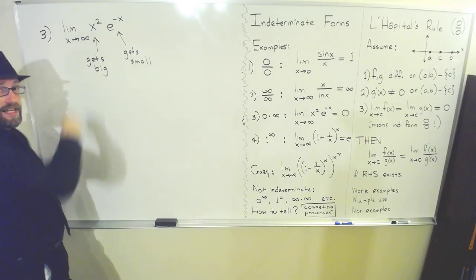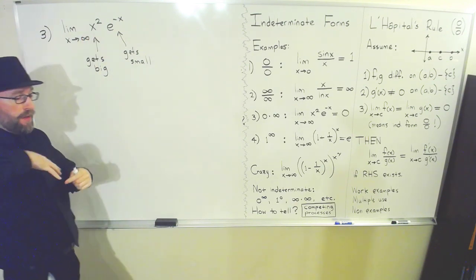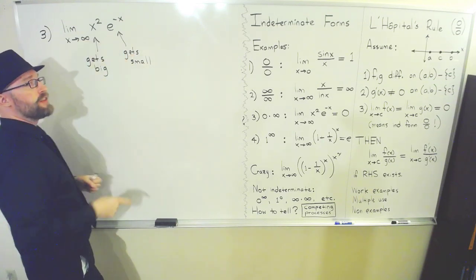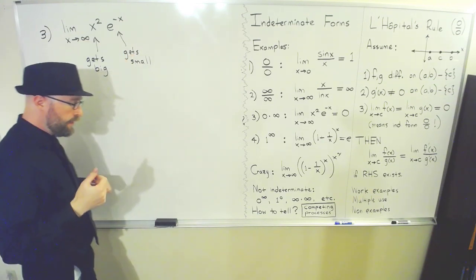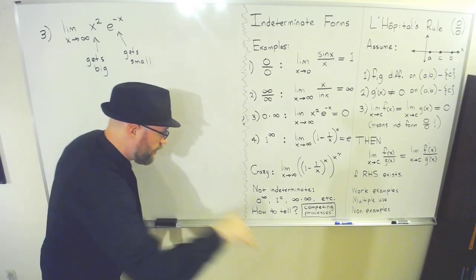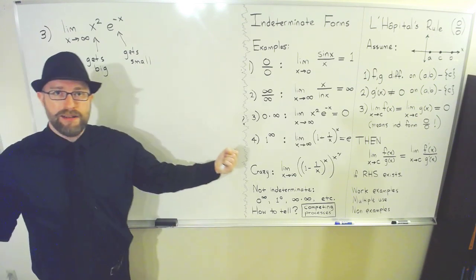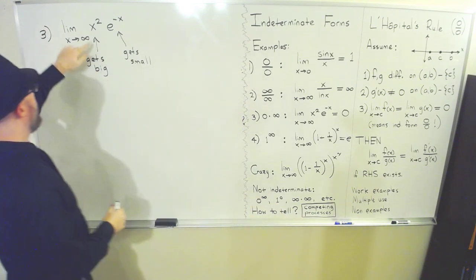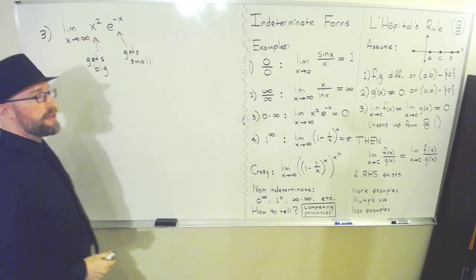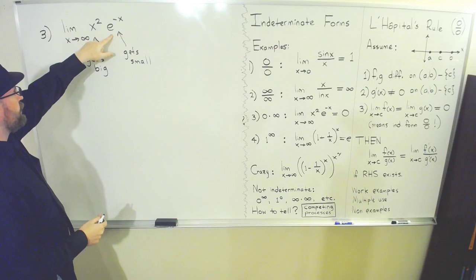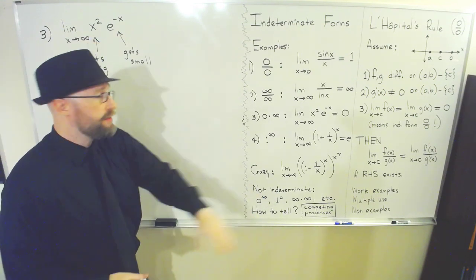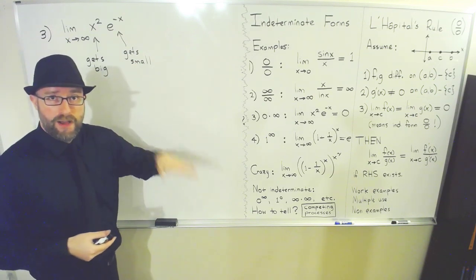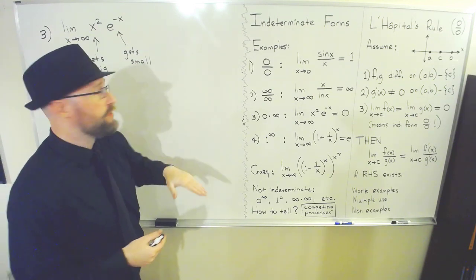Here, one thing's getting big, and so that makes the overall expression want to go to infinity. But here, something else is getting small, and that makes the overall expression want to go to 0. So which one wins? That's what it comes down to. Does the fact that this gets big make it go off to infinity? Or does the fact that this gets small make it go down to 0? Or do they balance each other out somehow and get something that's a finite, non-zero real number?